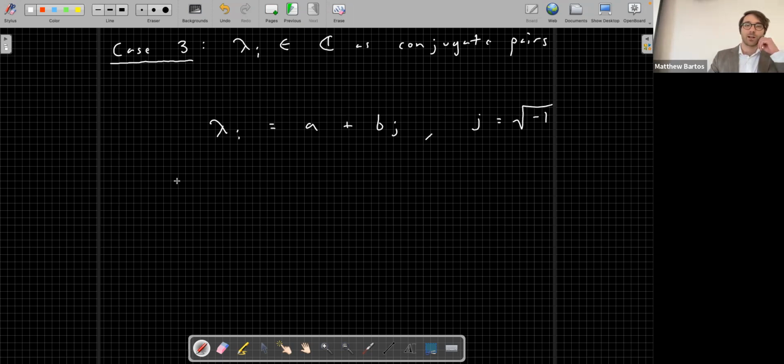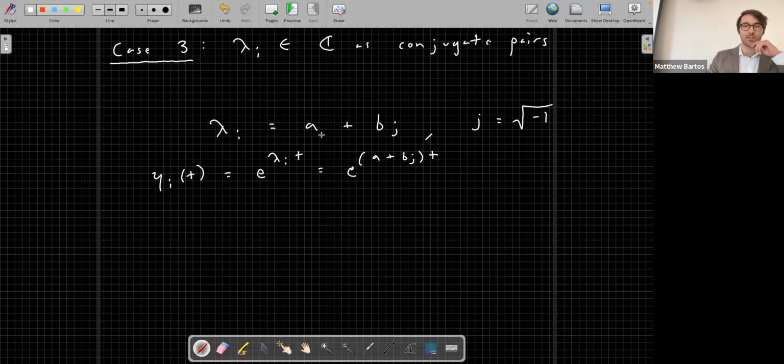So it's possible that we'll get roots that take the following form: lambda_i is equal to a plus bj, where j is the imaginary unit, so square root of -1. Okay, and the response we can write the same as before for case 1. We have that the response is equal to e to the lambda_i t. We can separate out that lambda_i, so we get e to the a plus bj times t.